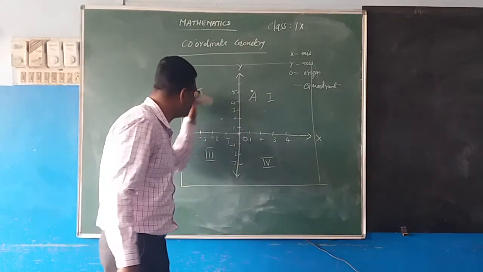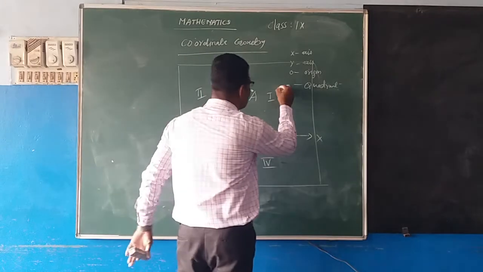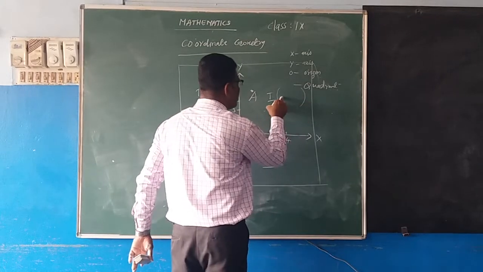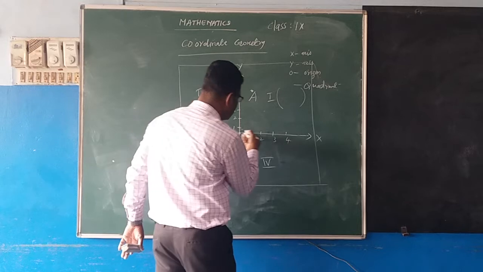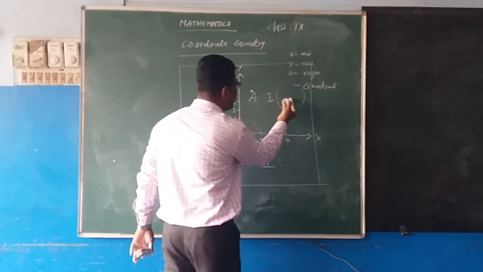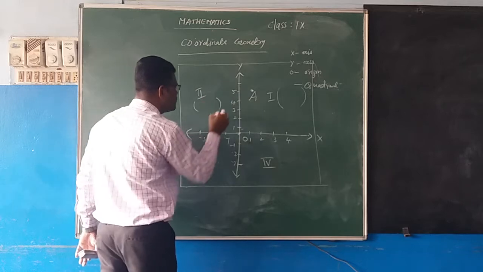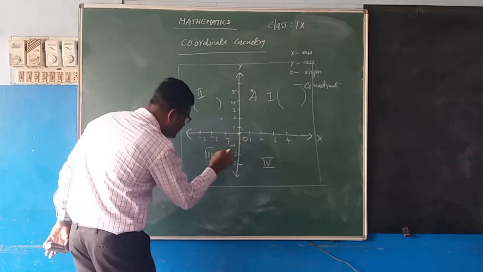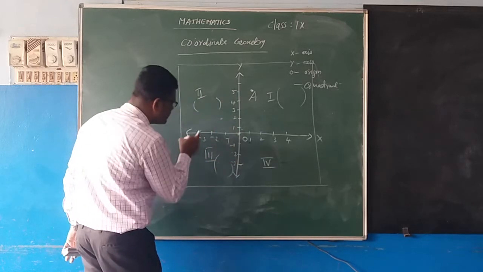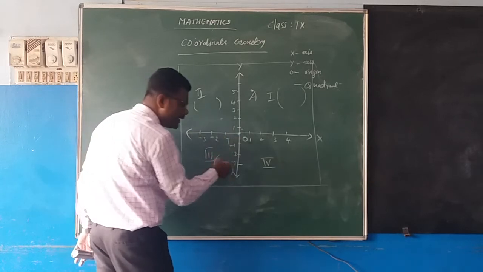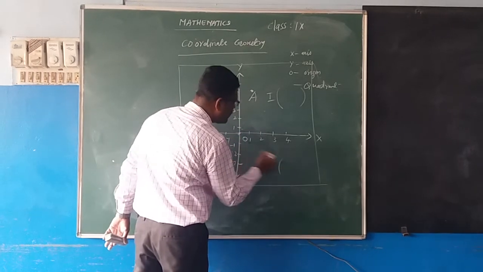There are 4 quadrants. In each quadrant you can see x coordinates and y coordinates.